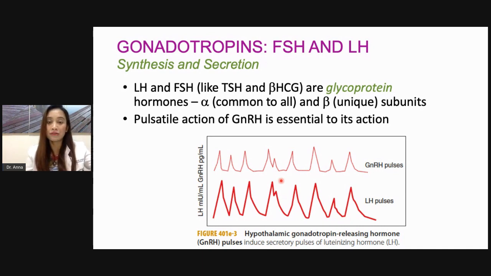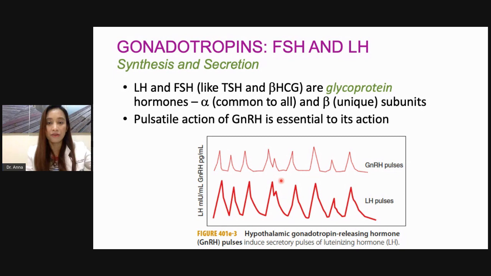These are glycoprotein hormones, so they have a carbohydrate residue in combination with a protein molecule. And they all have a common alpha subunit and a unique beta subunit. Because of this homology, they're all closely linked to one another.